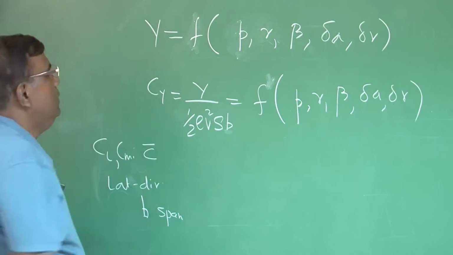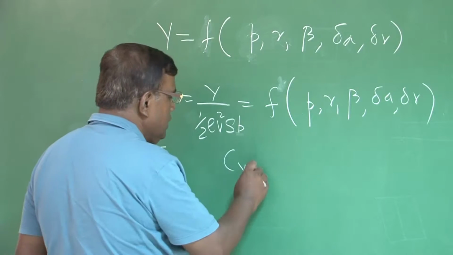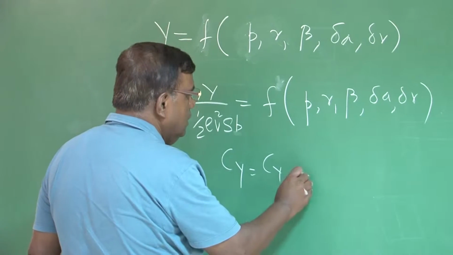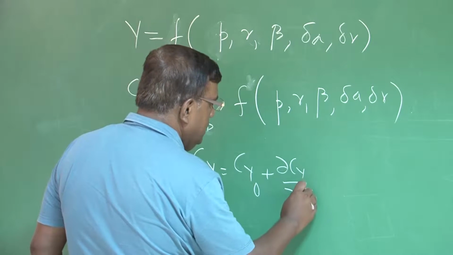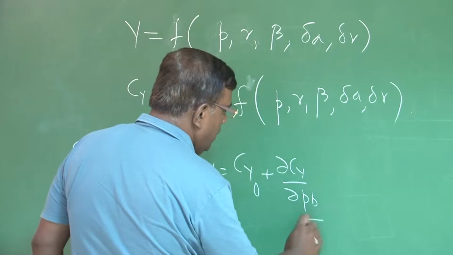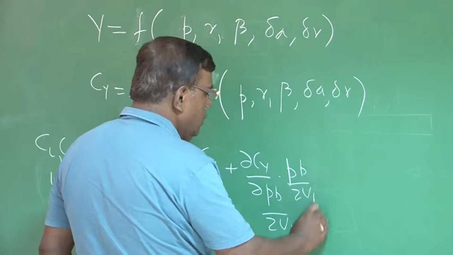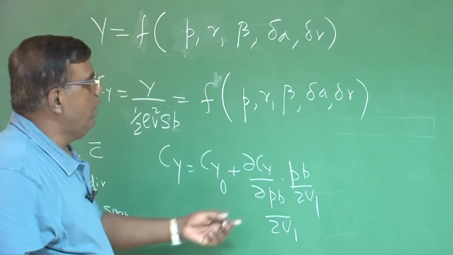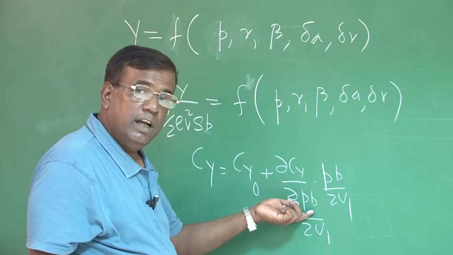So Cy is a function of this, so I can expand Cy as Cy naught plus dCy by d(Pb by 2u1) into Pb by 2u1. You understand why we are using Pb by 2u1, because we want to non-dimensionalize roll rate.